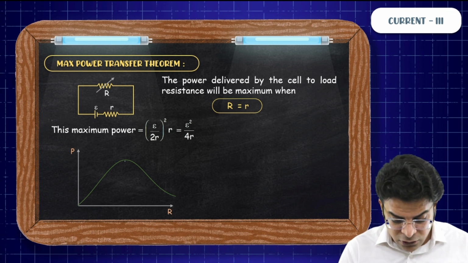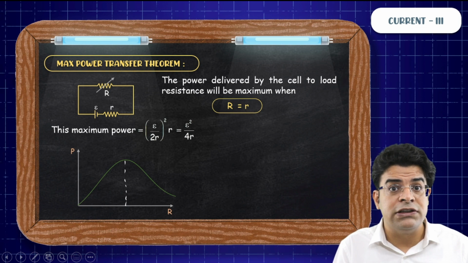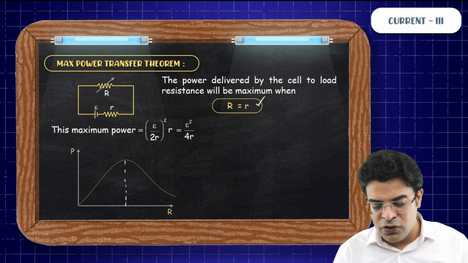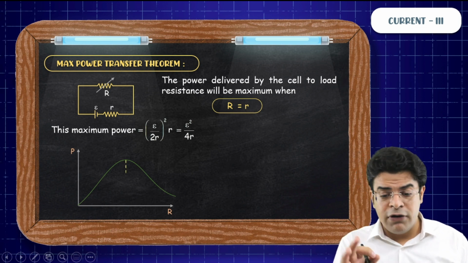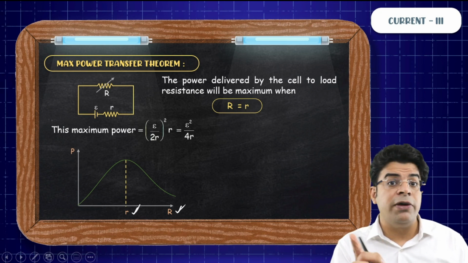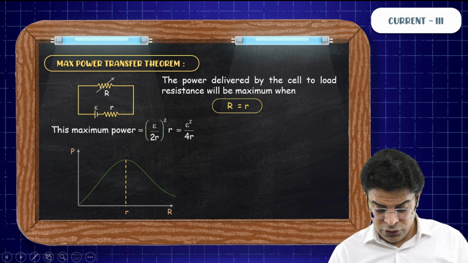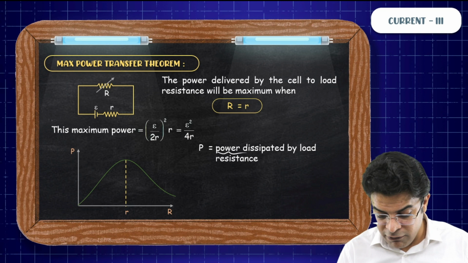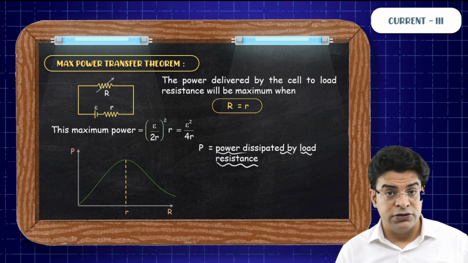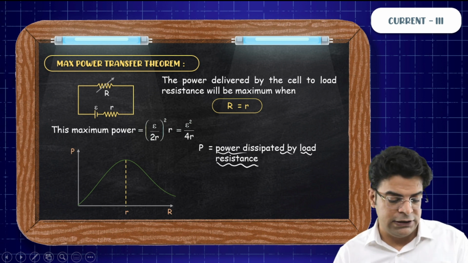There is a particular value of load resistance for which the power dissipated is maximum, and the theorem has already told us that this happens when the load resistance equals the internal resistance of the cell. So here P represents the power dissipated by the load resistance, not at all the power dissipated by the cell.